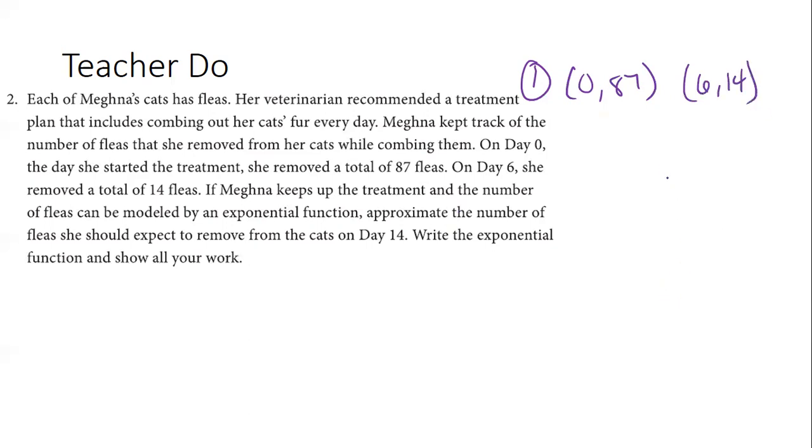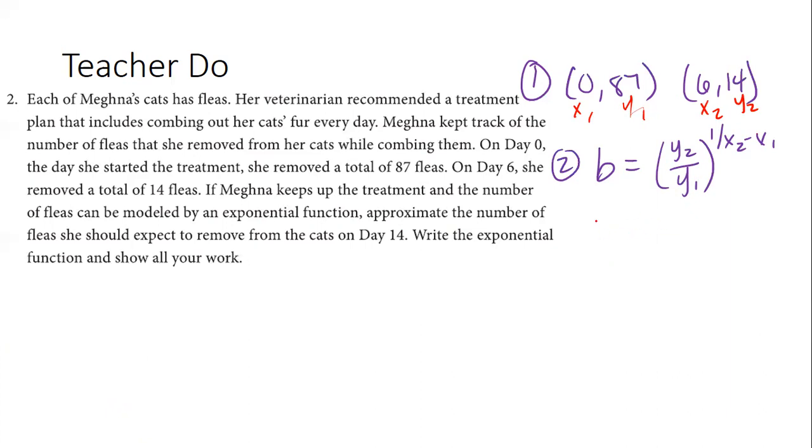So the first thing we're going to solve for is our B. B equals y2 divided by y1 to the 1 divided by x2 minus x1. Do I know all these variables? Yes. Here's my x1, my y1, my x2, and my y2.